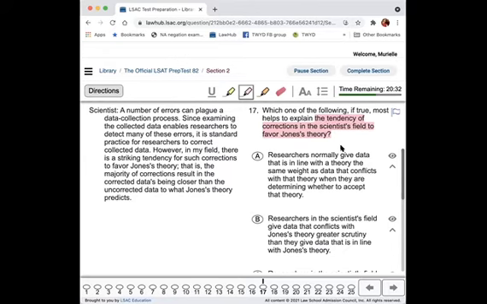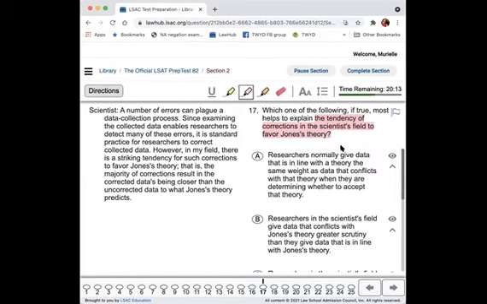And so either in a sinister way or in a completely unconscious way, they are picking out the data points that deviate from Jones's theory.